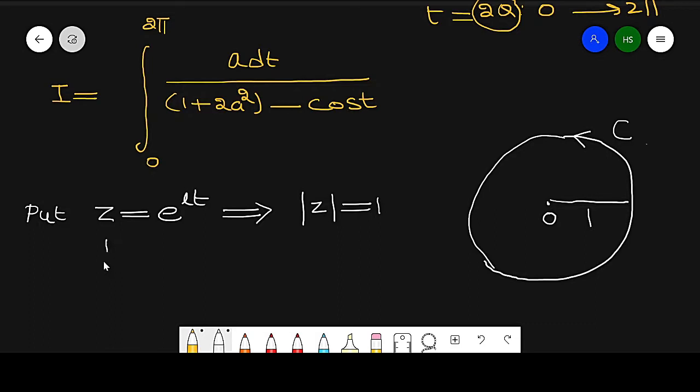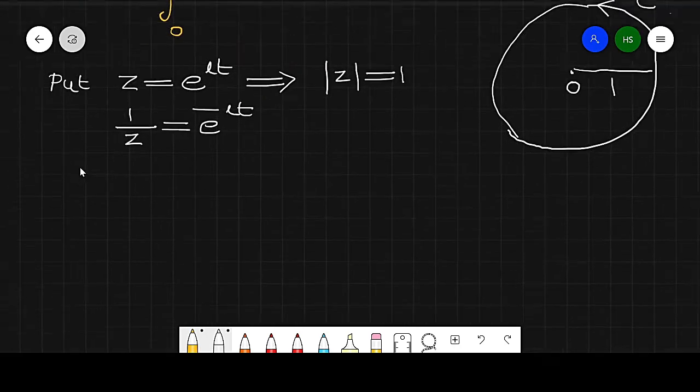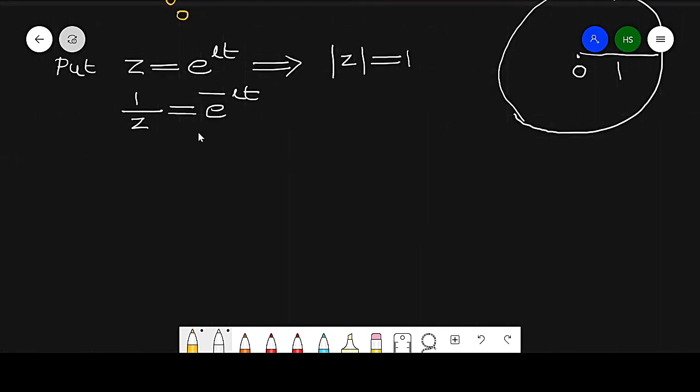So what is 1 by Z? 1 by Z is e raised to power minus iota t. Now understand this. From this we can find the value of t. When we take Z plus 1 by Z, this will be 2 times cos of t.